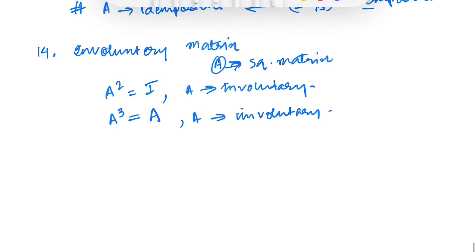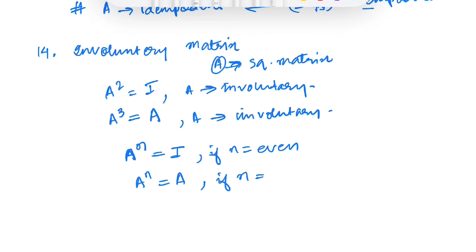So basically, if I take A to the power n, I'll get I if n is even, and I'm going to get A to the power n equal to A if n is odd. This is what you can derive from it.